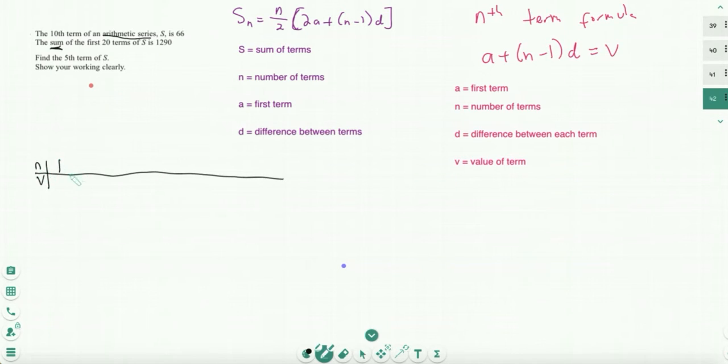We don't know what the first term is, we don't know what the second term is, third, fourth, fifth. We're looking for the 5th term. That's the goal of the question. We know the 10th term is 66.